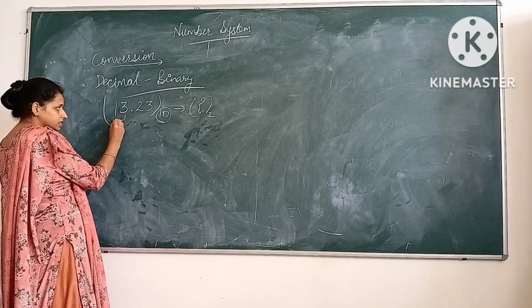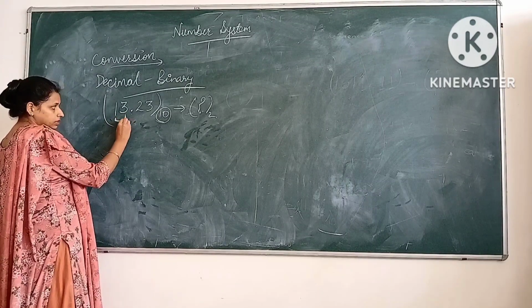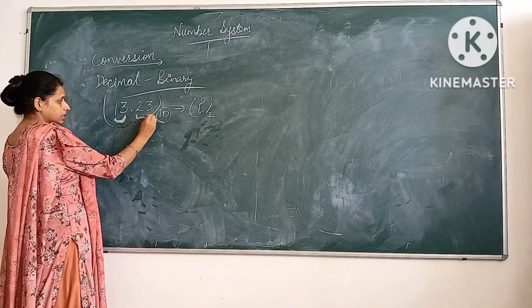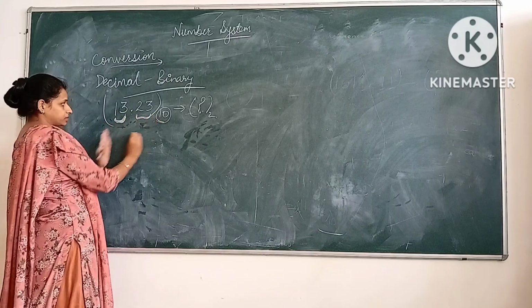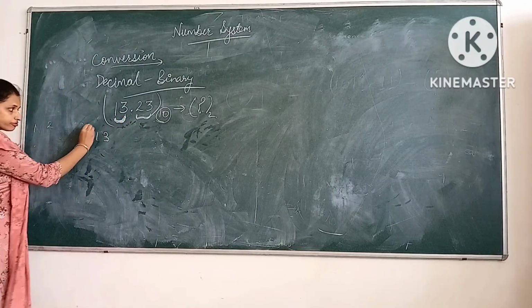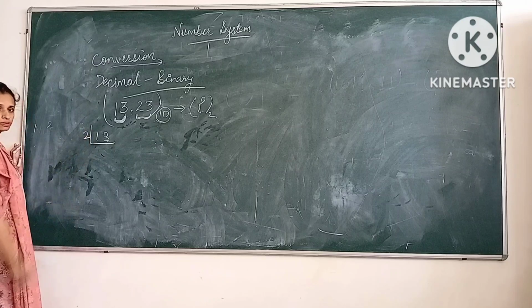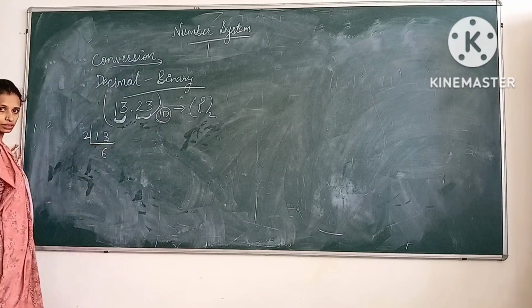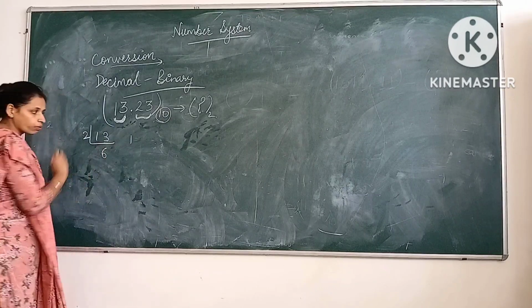So we have to use separate terms before the point and after the point. Before the point there is only 13, so we have to divide by 2. 2 6s are 12, so its remainder is 1.